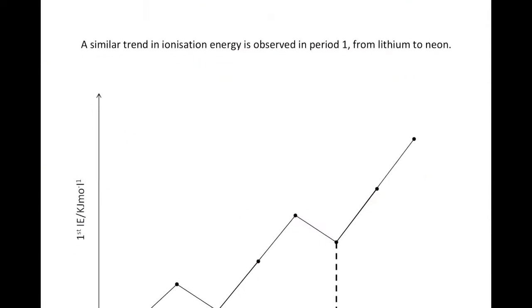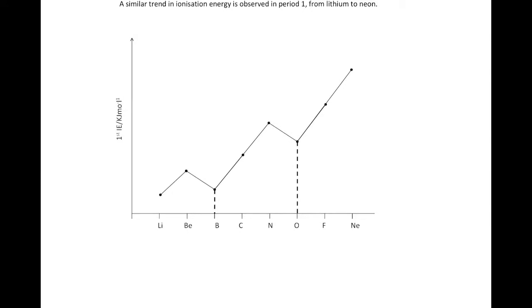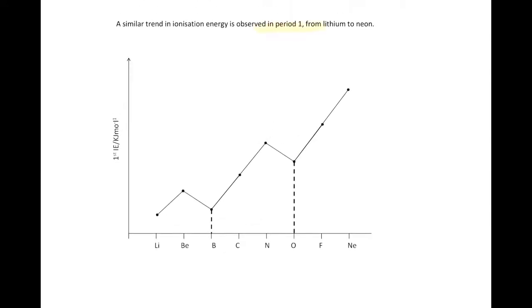And you can see a similar trend in ionization energy observed in period 2. In all the periods, you're going to see this trend. It goes up and then goes down at group 3, goes up again, then goes down at group 6, and then goes up again.